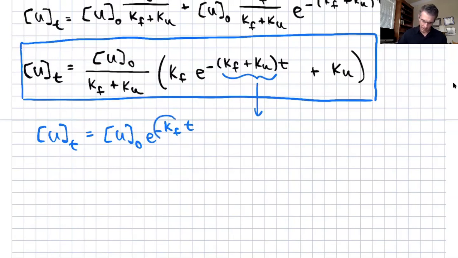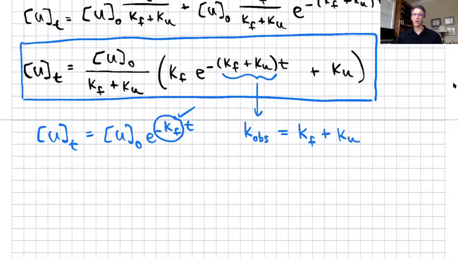In this case, it was simply the forward rate constant. But another way to write this is a K observed rate constant, which is how I showed it to you when I did that plot. But that K observed is no longer a single rate constant. It's now a sum of two rate constants. Specifically, it's the sum of the forward and the reverse rate constant.